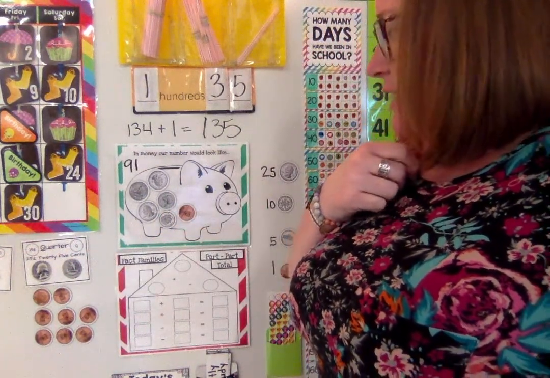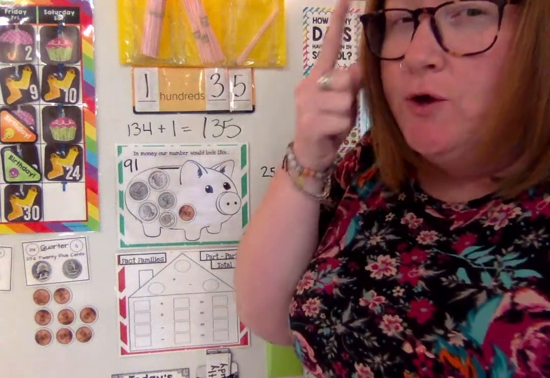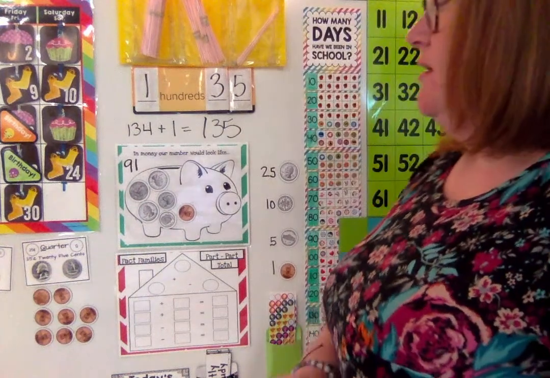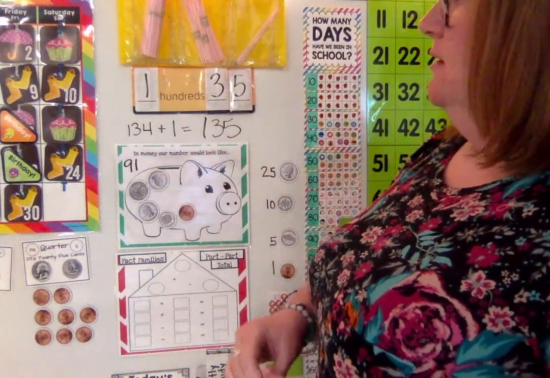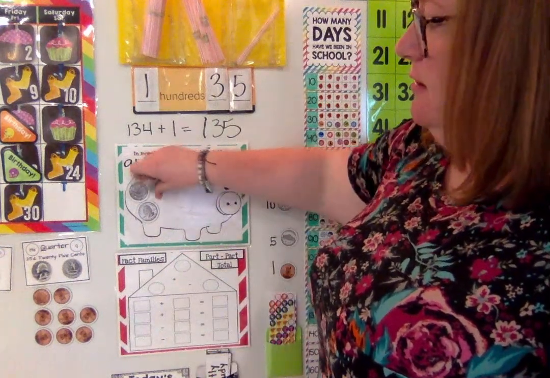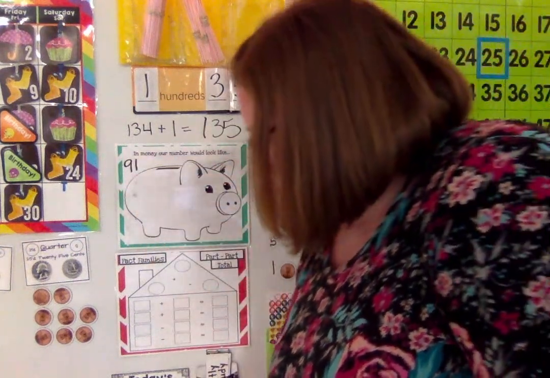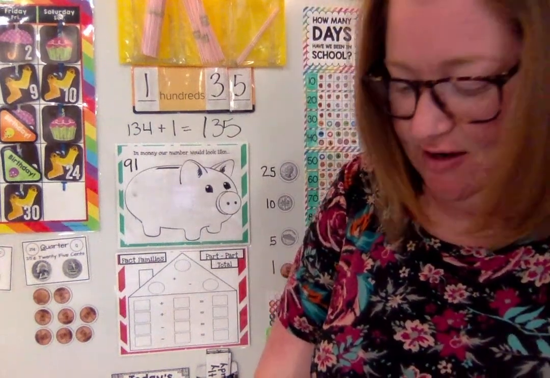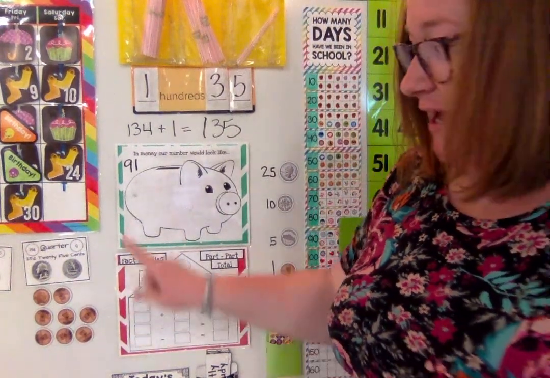Ooh, I'm going to guess the way your brain thought of it first, which is a totally okay way to think of it. My guess is you thought about the tens place. I see that there's a 9 in the tens place.